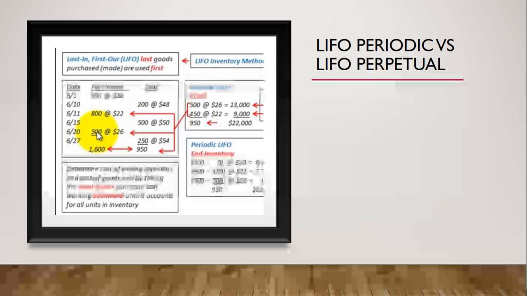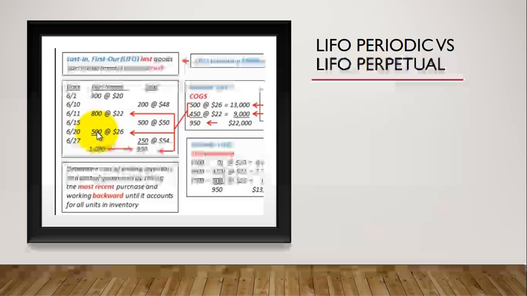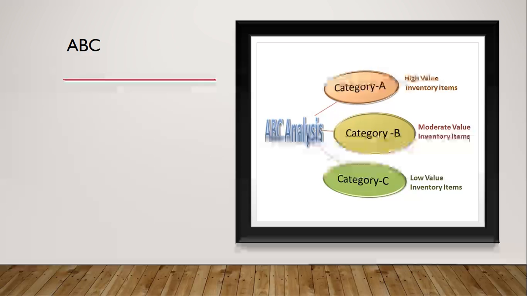The reason is that under the LIFO periodic system, the total sales or usage is matched with the total of purchases, including beginning inventory, if any, at the end of the period, while under the LIFO perpetual system, each sale or issue is matched with the immediately preceding purchase. That's very easy, right?